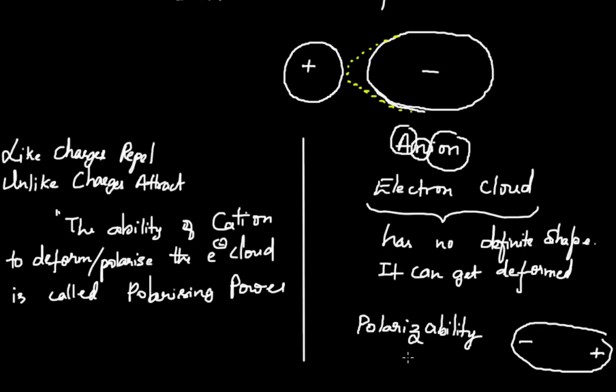If polarizability is represented as Pz, polarizing power is represented by Pp. Just a short notation for our understanding.